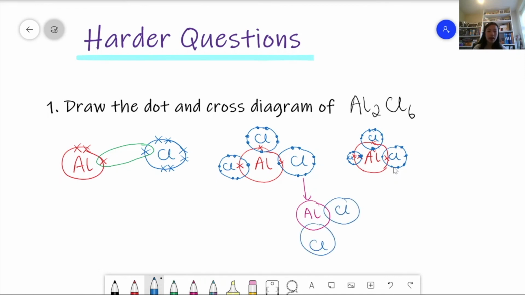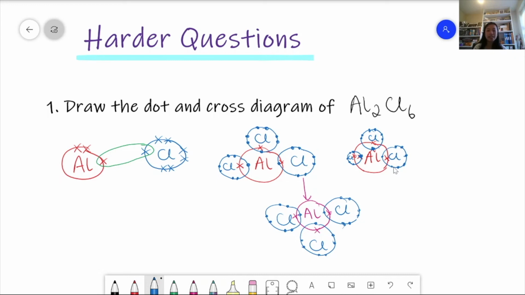So then this aluminium will now have a full outer shell. So now this aluminium has a full outer shell, it's got 8 electrons.